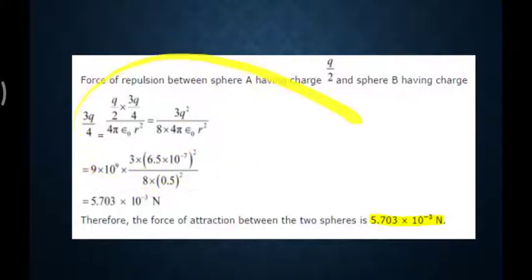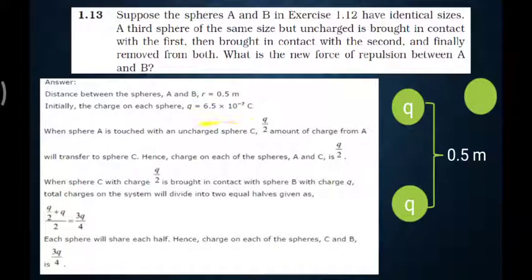I cannot explain all things in the video. You can see that there are pure math steps, but at the end you have to put the respective values. I can explain one thing: k q1 q2 upon r square. k is 9 into 10 to the power 9. qA is Q by 2. qB is equal to 3Q by 4, and where your Q is 6.5 into 10 to the power minus 7.